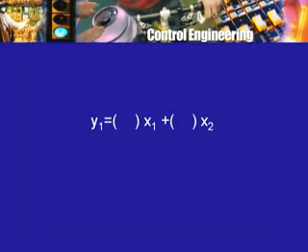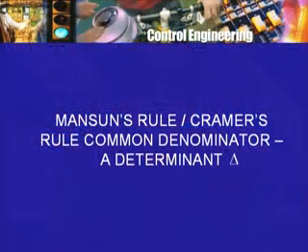Now, how is the rule to be applied? As I mentioned earlier, Mason's gain formula or Mason's rule is closely related with Cramer's rule, and Cramer's rule, if you remember, has a common denominator for all the unknowns. Each unknown is a ratio of 2 quantities, and the denominator quantity is the same for all these ratios, and in fact that is a determinant.